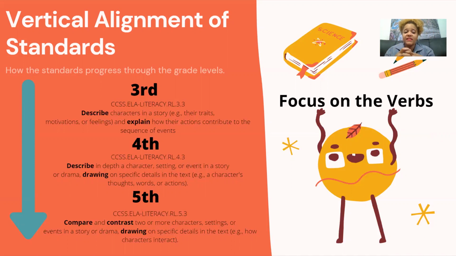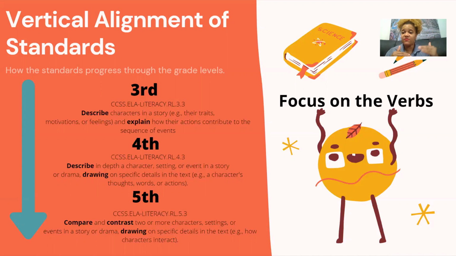And that's why that's important, because you're just changing the depth of action, I guess, in the brain, and you're asking kids to dig deep and further in order to get there. And that is a new norm. So, especially for our teachers coming from fourth grade to fifth grade, you have to recognize that children in fourth grade only had to describe.